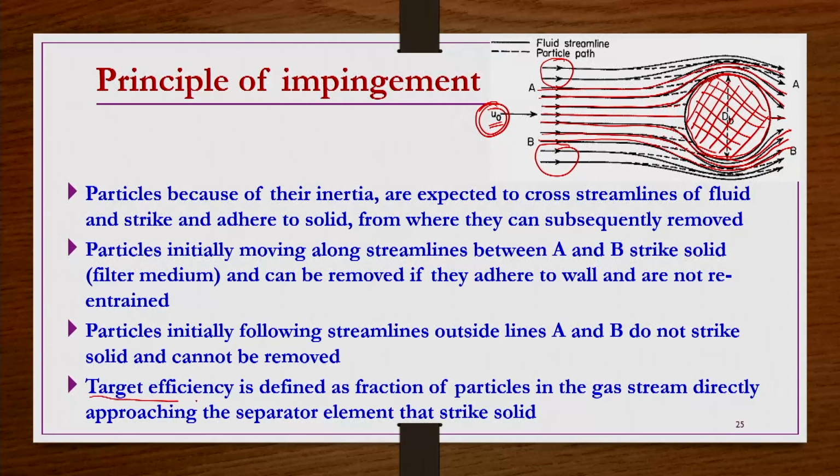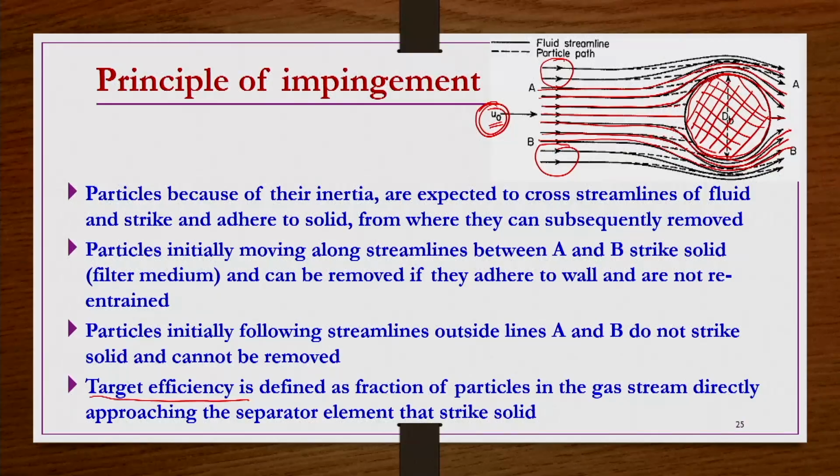The target efficiency is defined as the fraction of particles in the gas stream directly approaching the separator element that strike the solid, striking onto the surface of this filter medium. Only that fraction of solids which strike onto the filter medium is known as the target efficiency, because the particles which do not strike onto the filter medium are not separated.